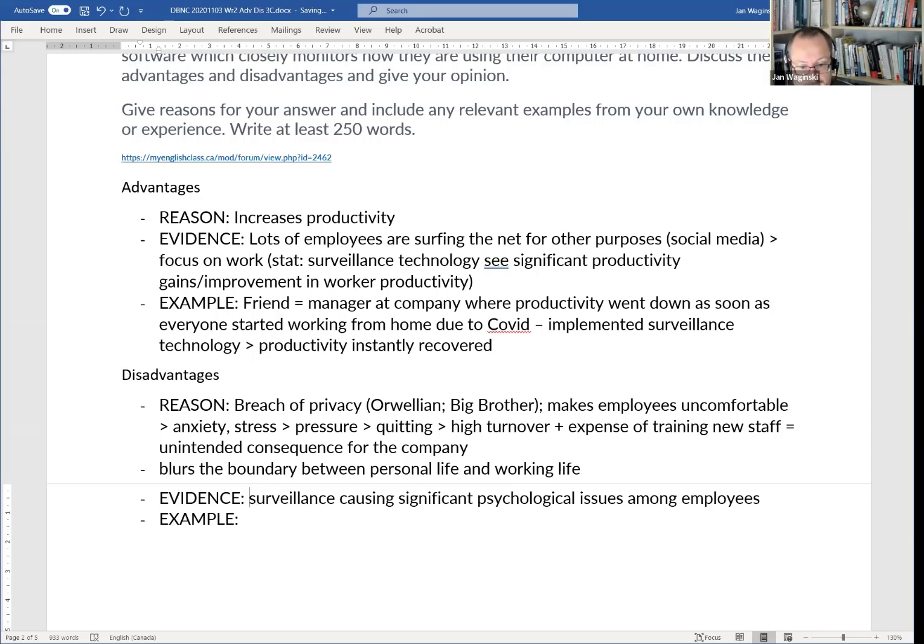Yes, you can do any university, any psychology department, any psychiatry department, or even some organization related to human resources. Both are fine. Surveillance is causing significant psychological issues among employees. Good. Is there any kind of example that we could give?